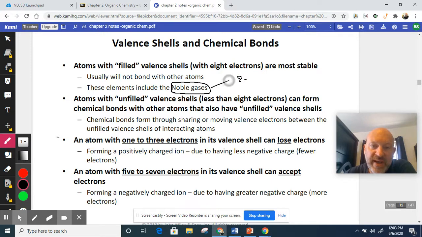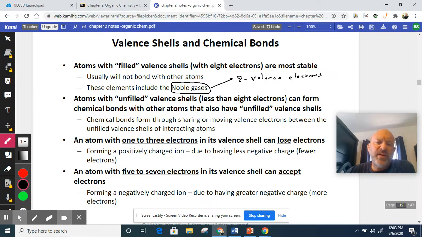So these have 8 valence electrons. So their outermost shell is completely filled. Therefore, these atoms are extremely stable. They're happy, they're content. Their outer shell, their valence shell, is completely filled with electrons.